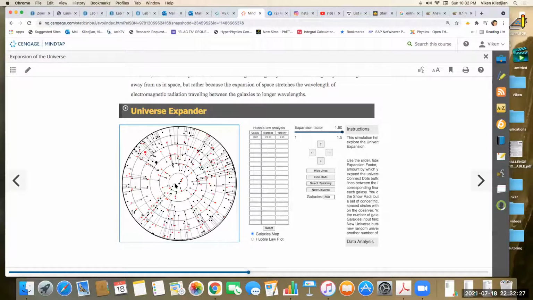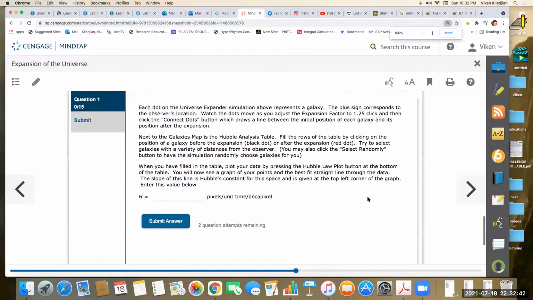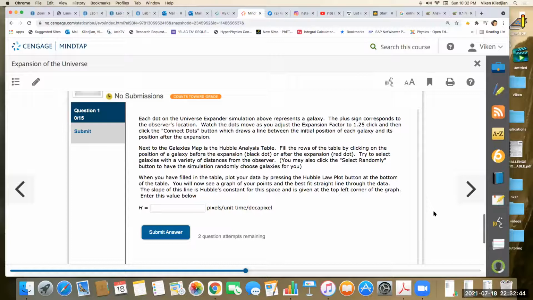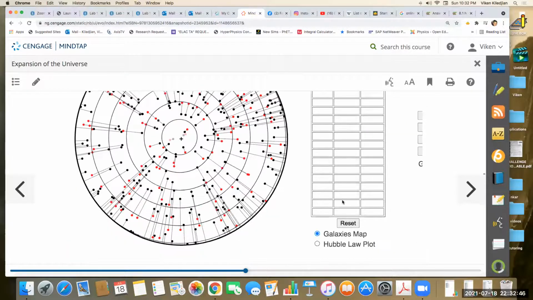Distance. Okay, then this one. Since that galaxy was closer to us, see its distance from us. Let's zoom in here to show you what these numbers mean.